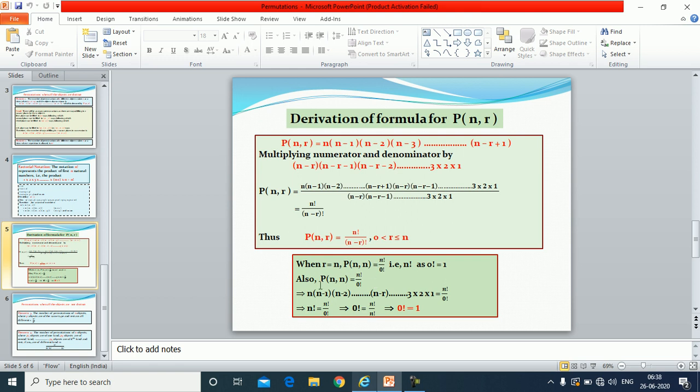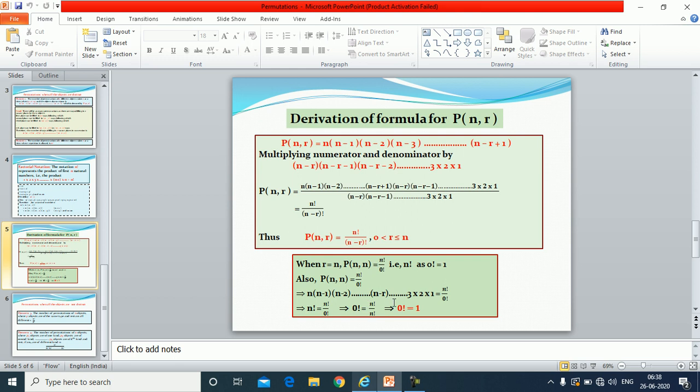Now the left hand side, if I solve using fundamental principle of counting, it says you have n different objects. They are to be arranged in n places. So whatever number of objects are there, those many places are there and you don't have to repeat. So let us see how it comes out to be. First place we can fill in n ways, second in n minus 1, third in n minus 2 and so on.